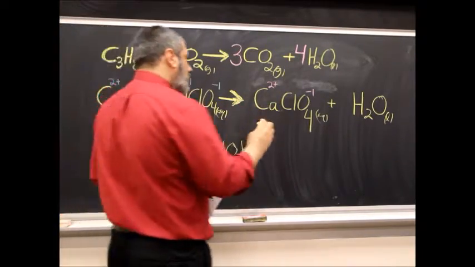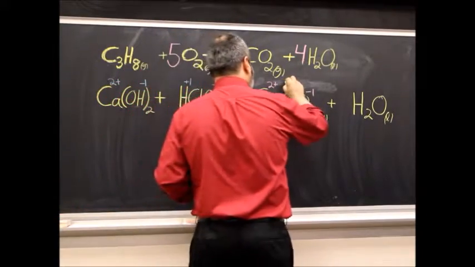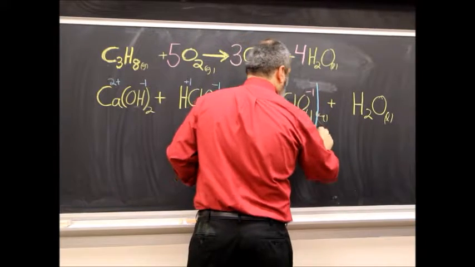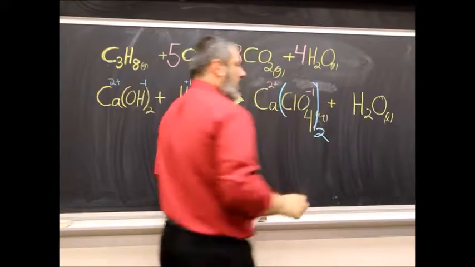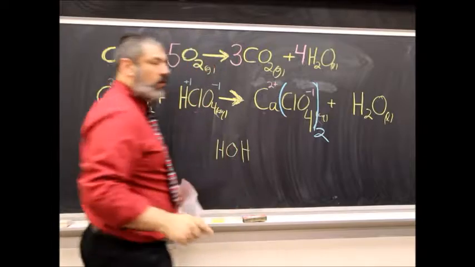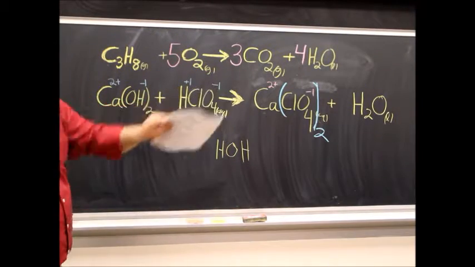So the only way to make this a neutral compound is to have 2 of the perchlorates. So Ca(ClO4)2. So there are 2 perchlorates for 1 calcium. H2O is fine.